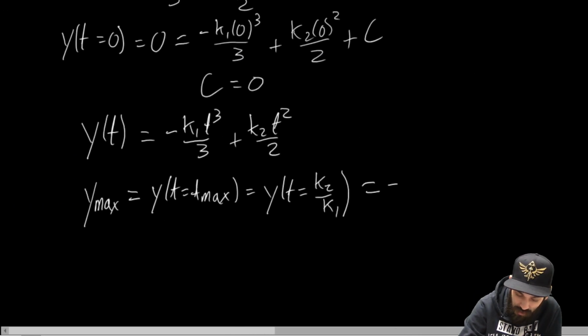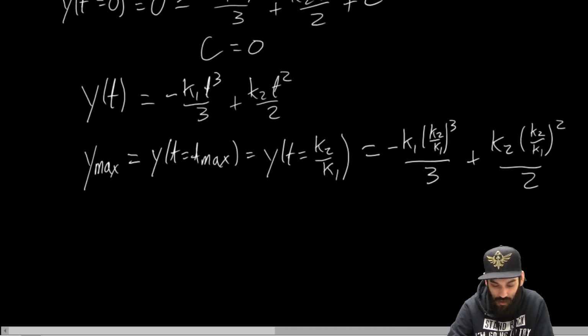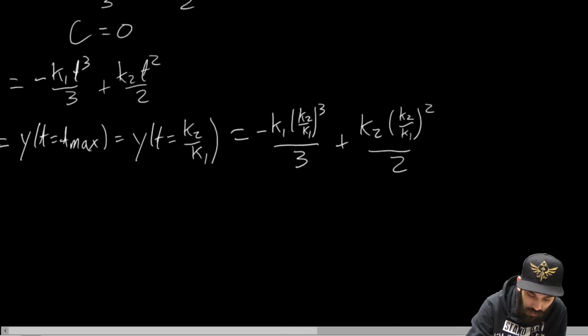So this is going to be minus k1, k2 over k1 cubed divided by 3 plus k2 times k2 over k1 squared divided by 2. We could simplify this a little bit further if we want. So then we said this was going to be 1/3.